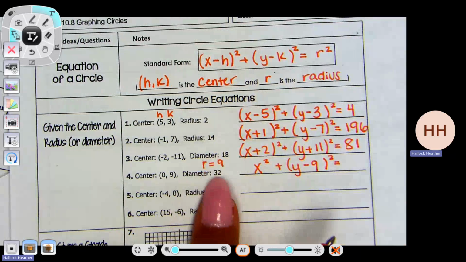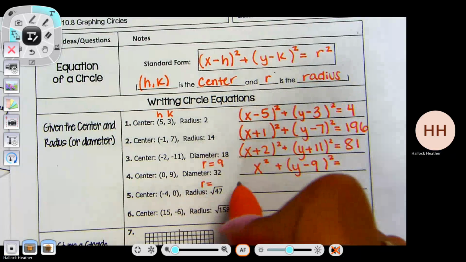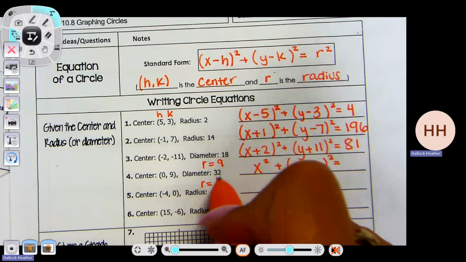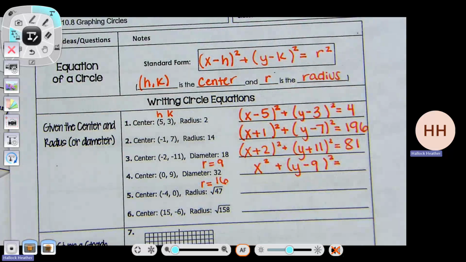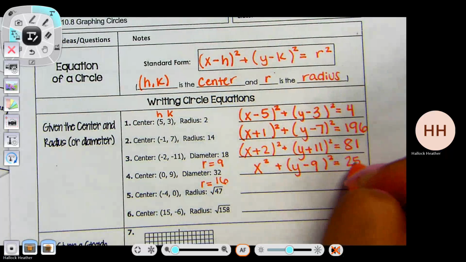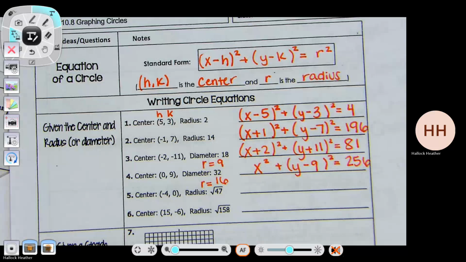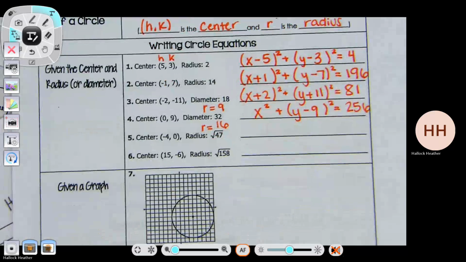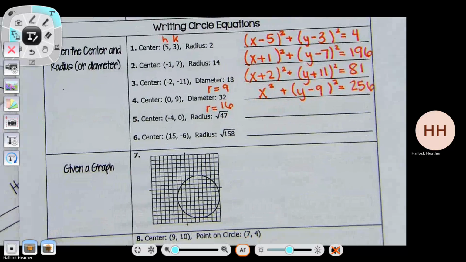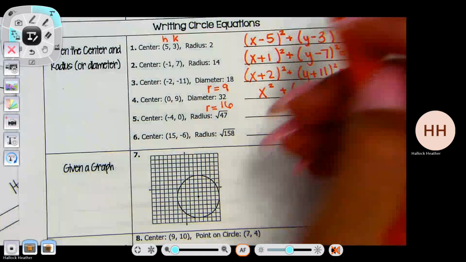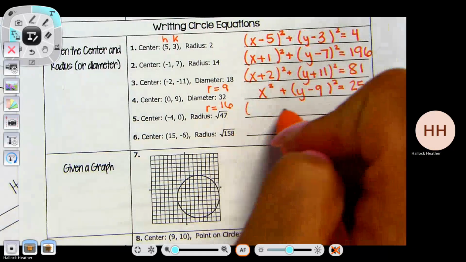And then if my diameter is 32, how much is my radius? 16. So then 16 squared is 256. We feel okay? Nice.